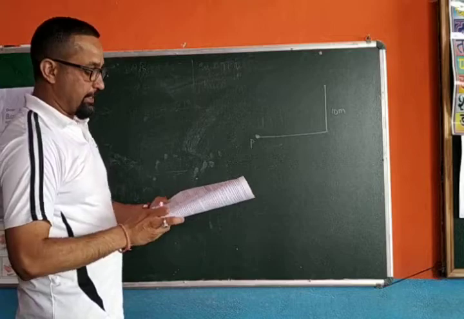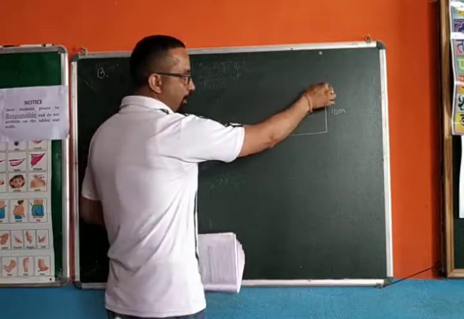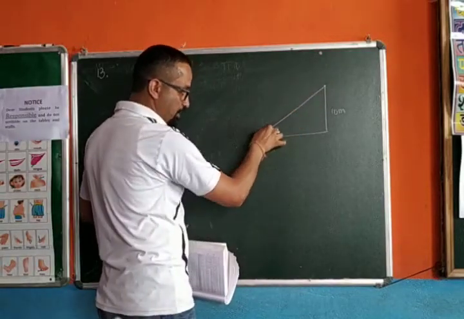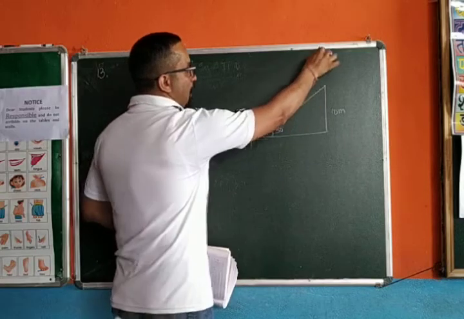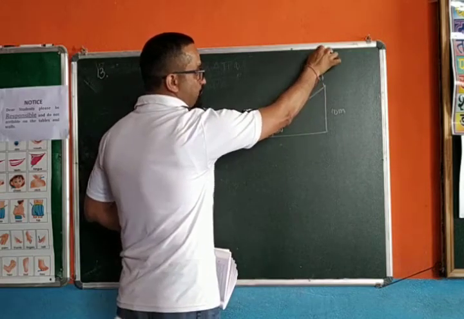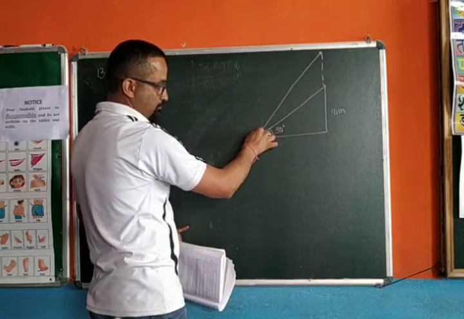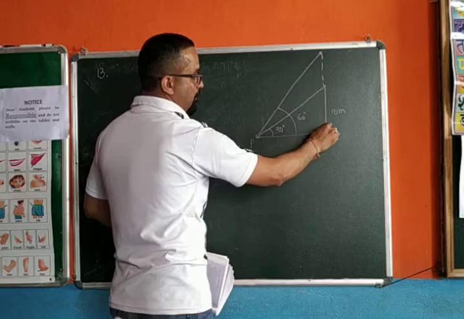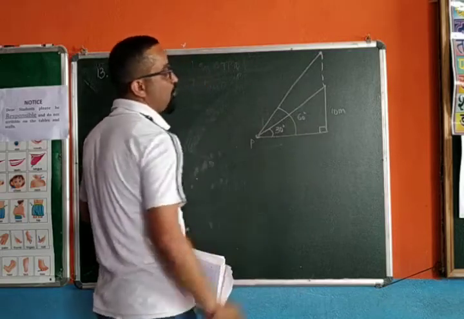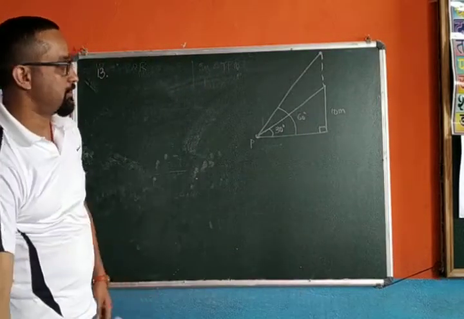The angles of elevation are 30 degrees and 60 degrees. So the angle of elevation for the building from the point P is 30 degrees. And the angle of elevation for the helicopter from the point is 60 degrees. Look at this one. You have two right angle triangles.